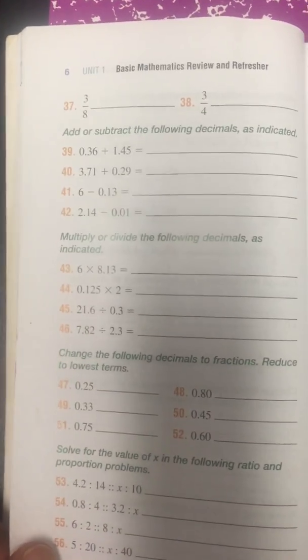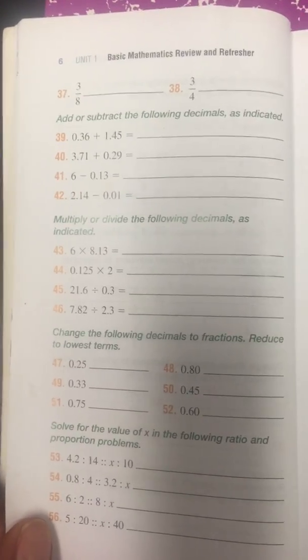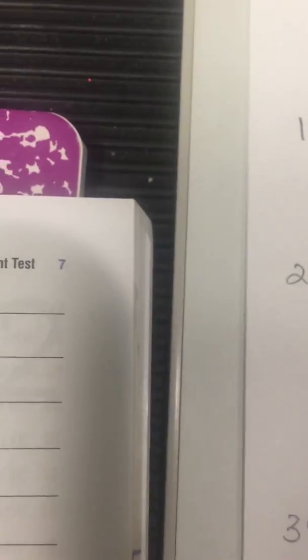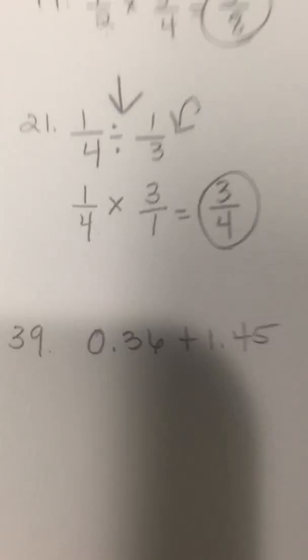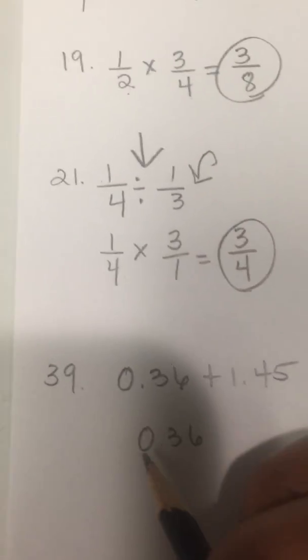Okay. Next, it is add or subtract decimals. And when you're adding and subtracting, you always want to line your decimals up. Okay. And for example, let me look at 39. You have 0.36 plus 1.45. Okay. I want to line my decimals up.